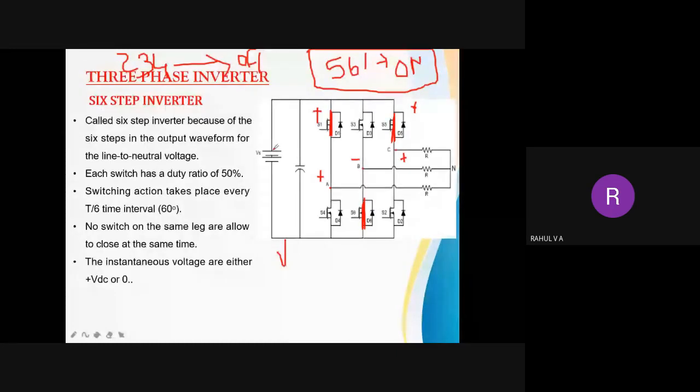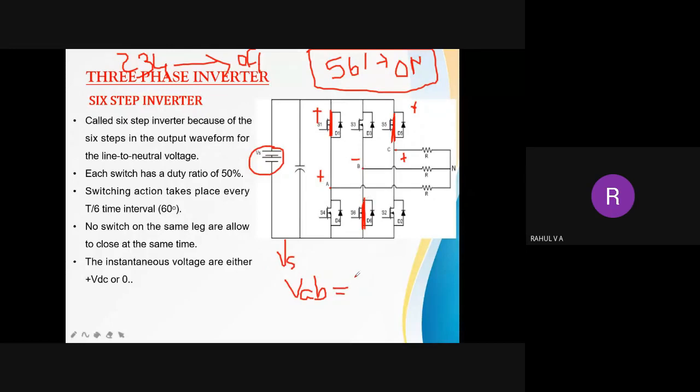Now, if I ask about the line voltage between A and B, the voltage between A and B is nothing but Vs. Okay, I'll write this one. We know that A is positive, B is negative.